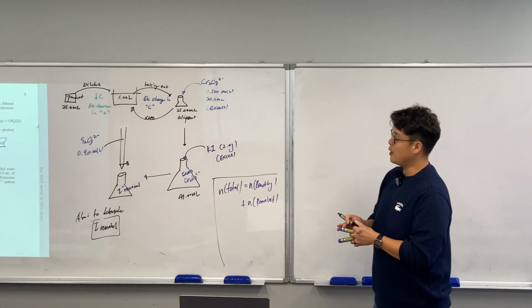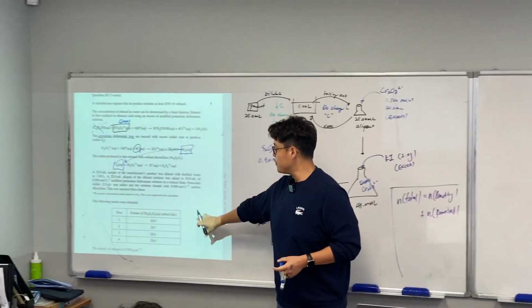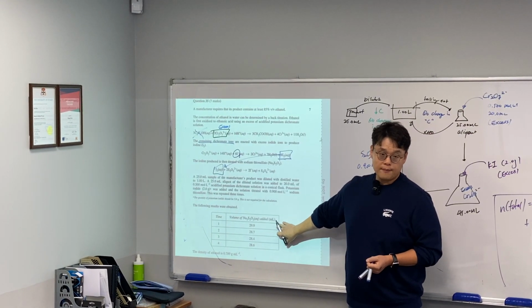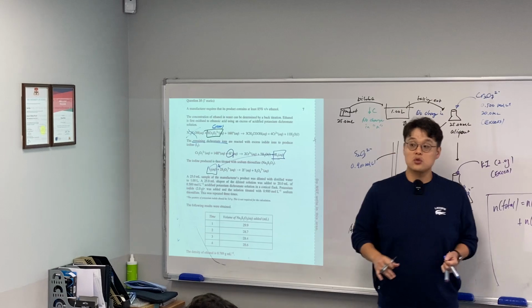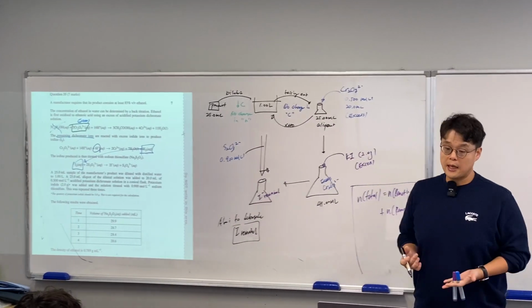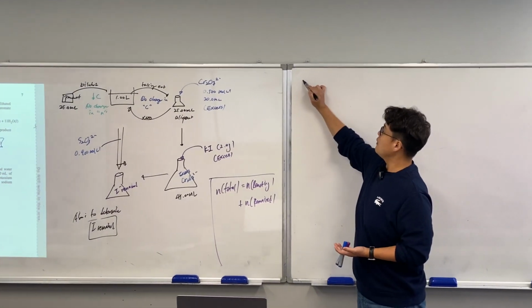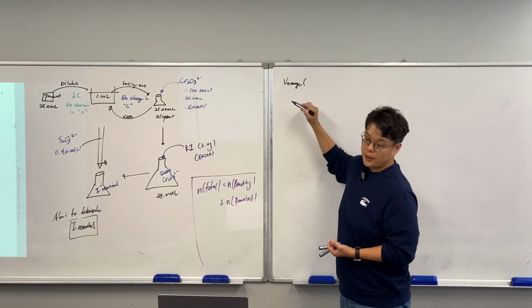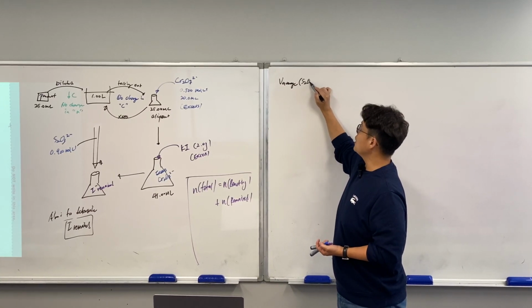From the volumes of the 1, 2, 3, 4 here, should we count the first one, the 29.9? Remembering that we do the rough titration, this does not get counted. So let's calculate the average volume for the S2O3 2-.